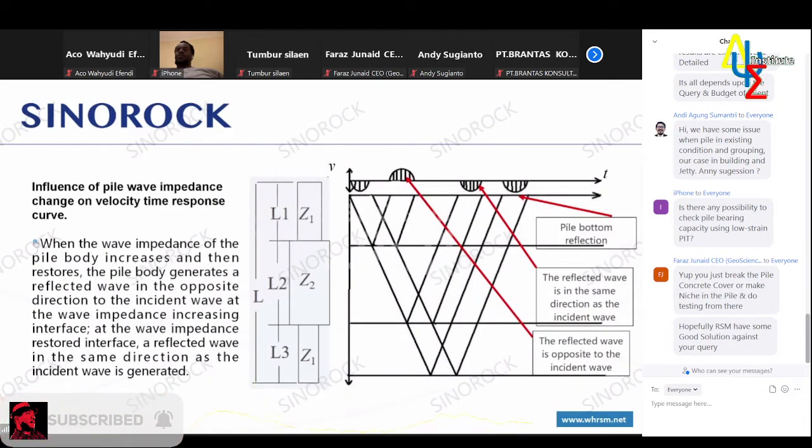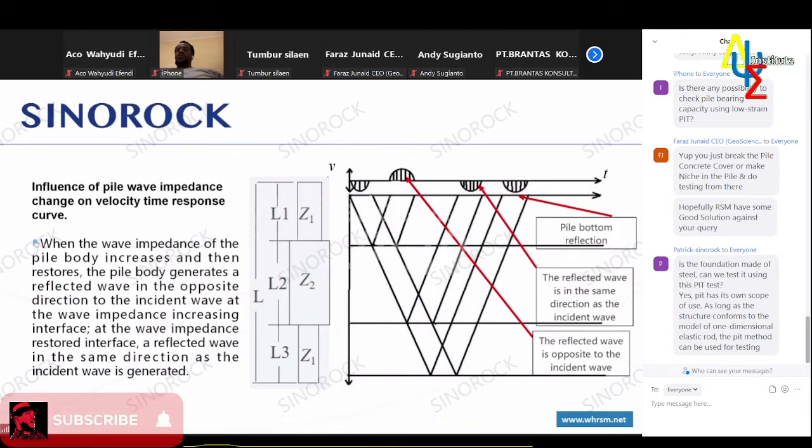Similarly, we may also face the process of restoration after the increase of wave impedance, which is opposite to the situation just now. That is, at the interface of the increase of wave impedance, we will first see a reverse reflected wave, and then in the process of wave impedance reduction, it is still small relative to the original impedance. So a reflection wave in the same direction is generated. Of course, it is based on the free condition of the pile bottom that we generate the reflection of the pile bottom.